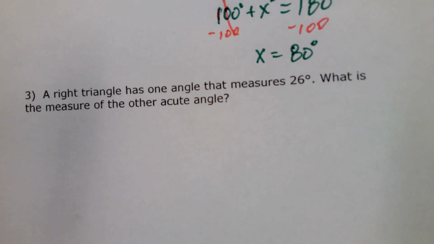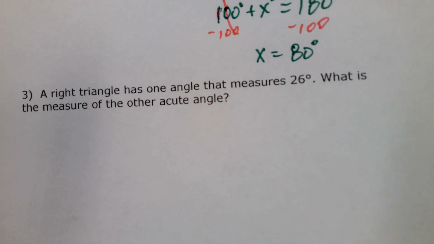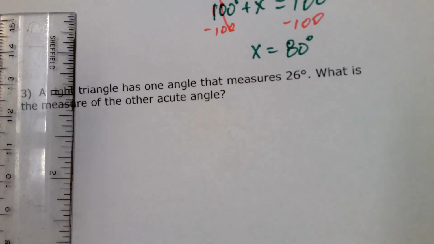Abraham, can you read number 3 for us? The right triangle has one angle that measures 26 degrees. What is the measure of the other? How would we do this one? You know that since it's a right triangle, one of the angles is supposed to be 90 degrees. Yeah, I'm going to draw this one.